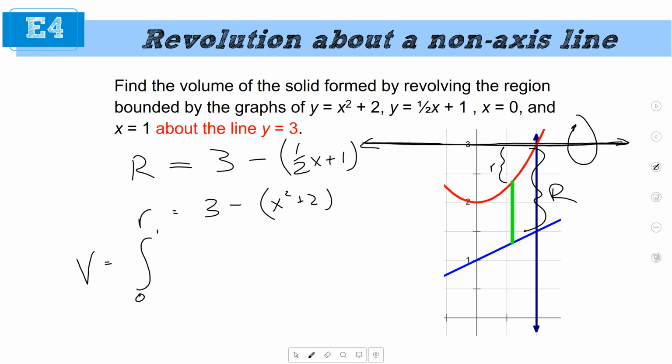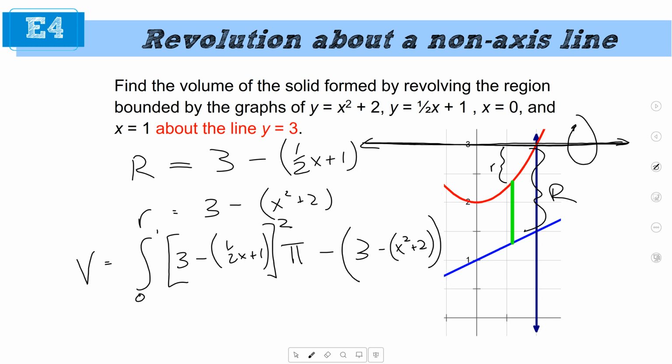Okay, so the big radius quantity squared times pi. That's the volume of the big honkin' cylinder. I'm going to subtract from that the volume of the hole. The volume of the hole would be the little r squared.